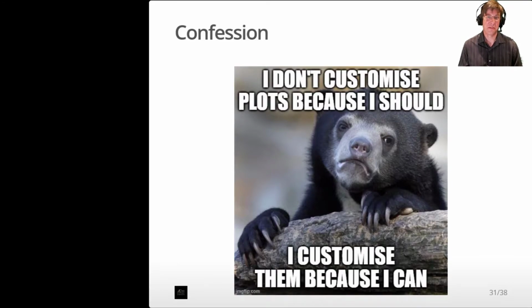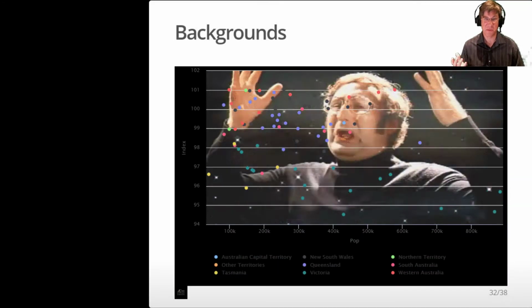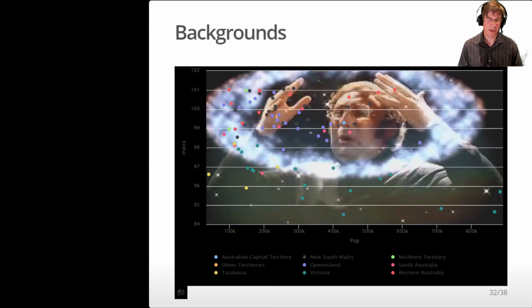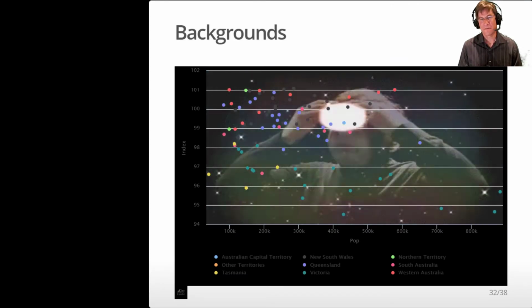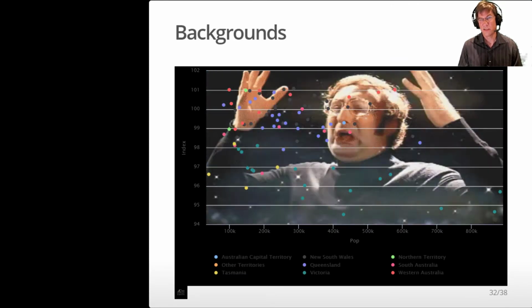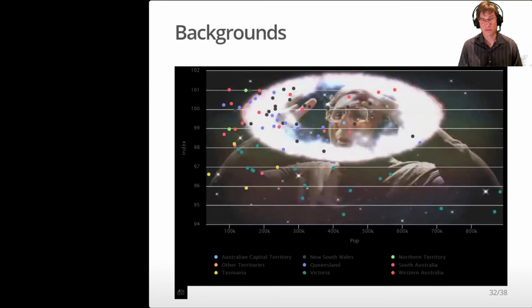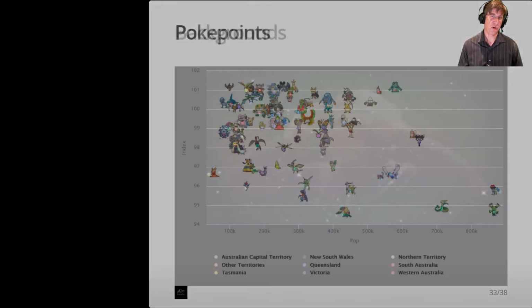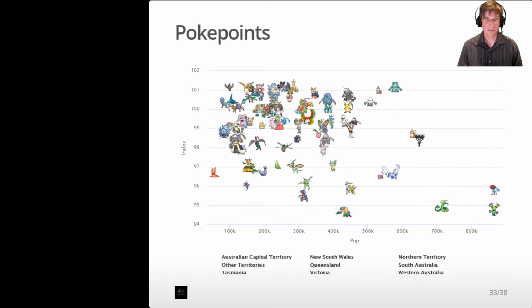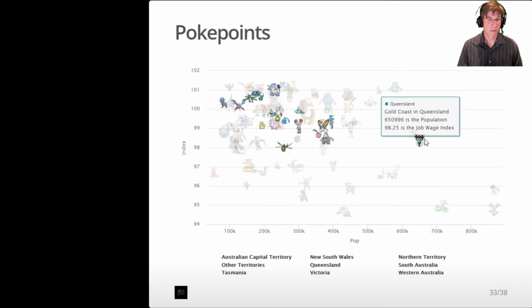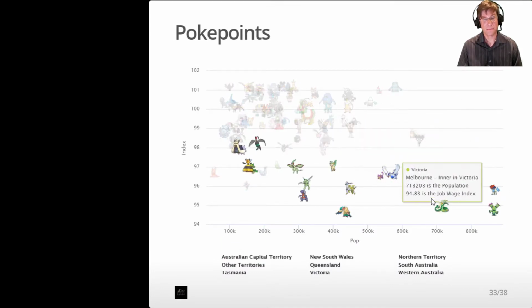And by that I mean that it blows my mind that I can change the background of my high charts, even if that means an animated GIF. And furthermore, I can take all those points, and rather than just use circles, because they're boring, let's use Pokemon.